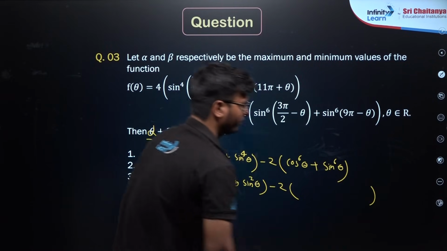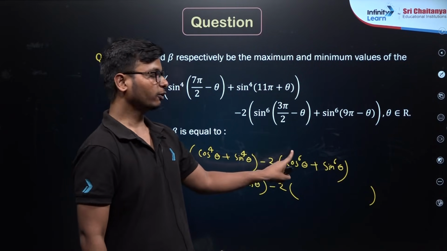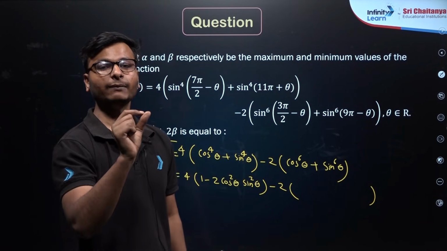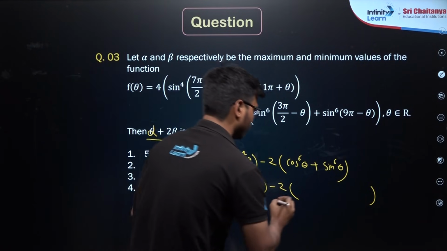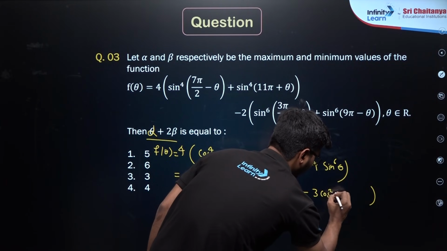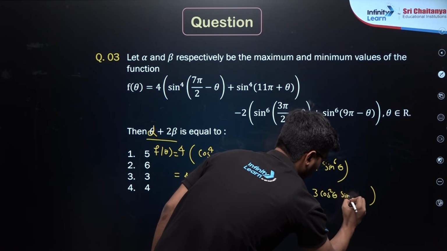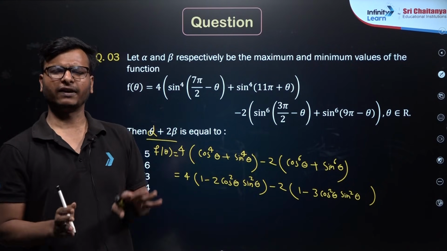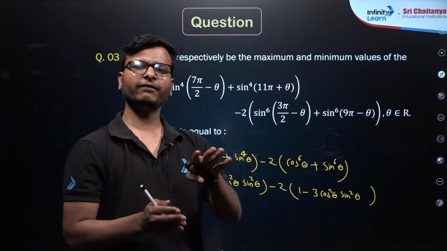Similarly, here also we have one identity, that is cos to the power 6 theta plus sin to the power 6 theta. I can write it as 1 minus 3 times cos square theta sin square theta. Till now we are just simplifying the functions. Okay, till this level we can simplify it.